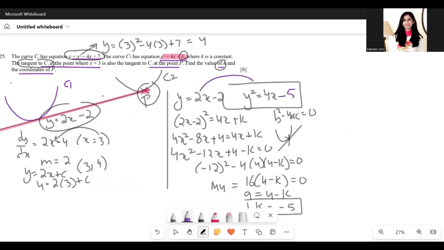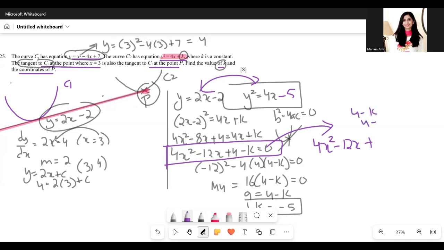That means we solve these two simultaneously again, but we've already done most of the work till here. So we're going to use this instead: 4x squared minus 12x plus 4 minus k, which would be 4 minus minus 5, which is 9, equals 0. We solve this using either middle term breaking or the quadratic formula.